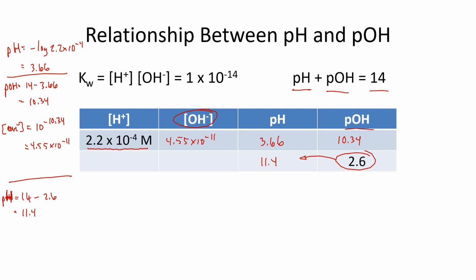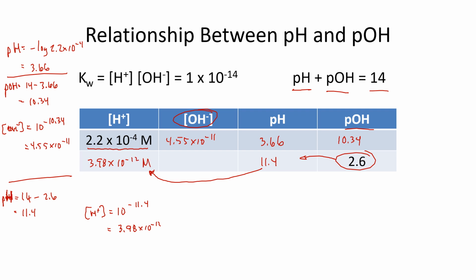We can then take that pH and get the hydrogen ion concentration, this guy. So we'll say hydrogen ion concentration is 10 to the negative 11.4, and that comes out to be 3.98 times 10 to the negative 12 moles per liter.